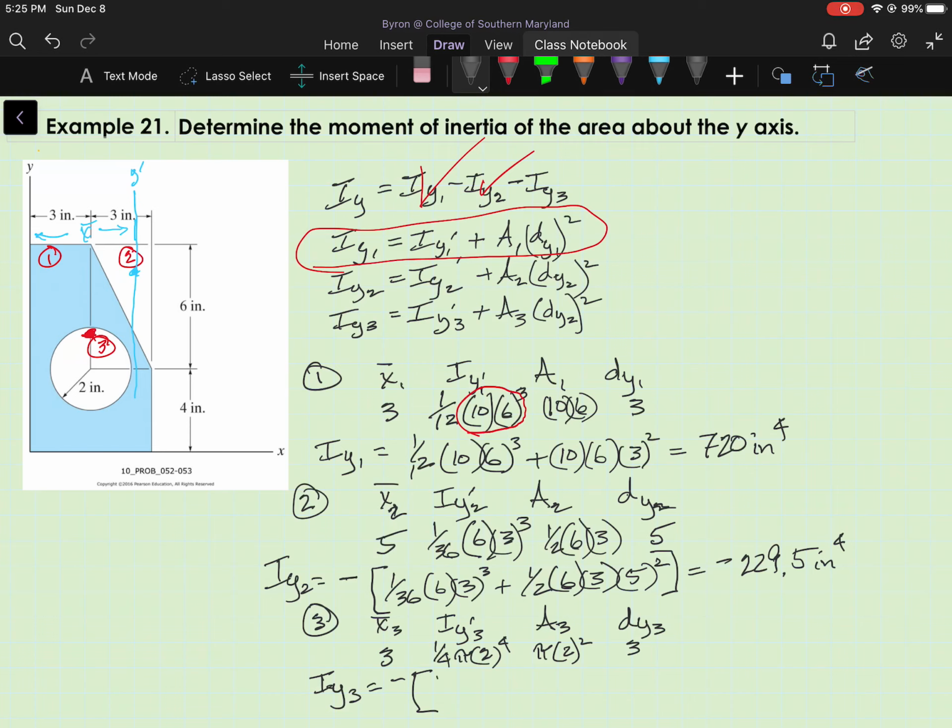So it's going to be the moment of inertia of the circle about a vertical axis going through its centroid, which we said was 1/4 pi times 2 to the fourth, plus the area of the circle times d sub y3 squared.